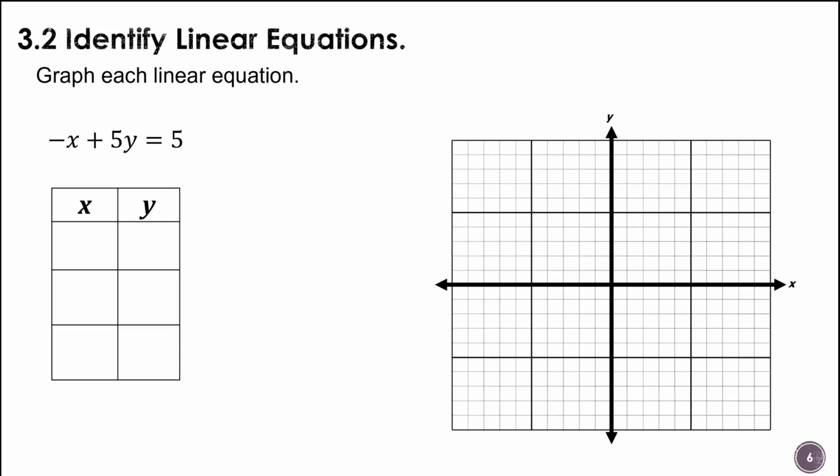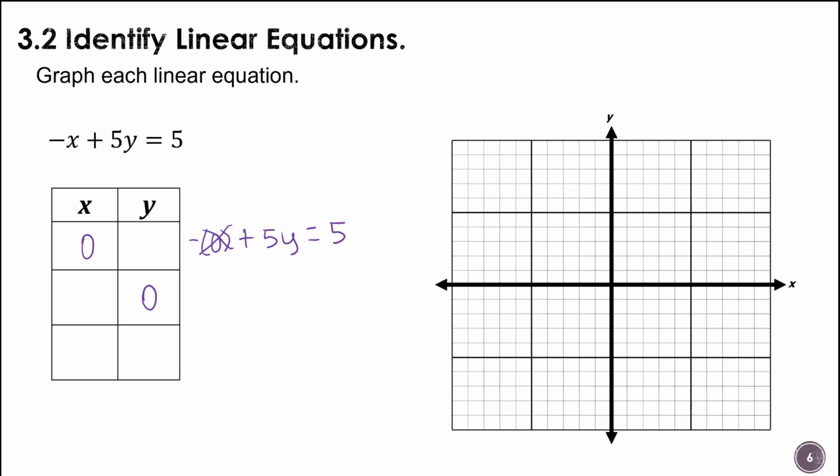And you know what I think I'll do this time is I'm going to put a 0 in for x, a 0 in for y, because that makes these pretty easy. All right, so that's negative 0 doesn't really exist, but that's just 0, plus 5y equals 5.